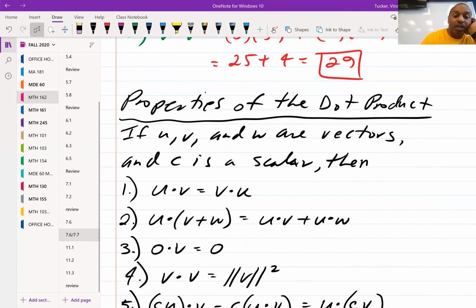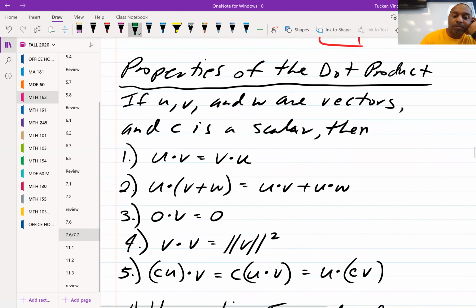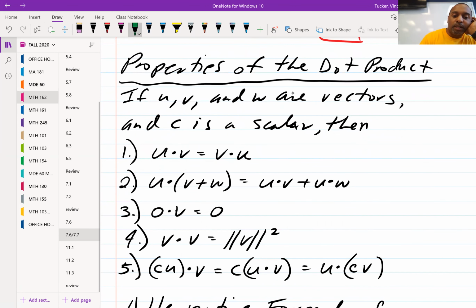Dot product of 0 and V is going to be 0. Dot product of V with itself is going to be the magnitude of V squared. Then C, which is a scalar, times U dot V is the same thing as C times U dot V, or U dot CV.